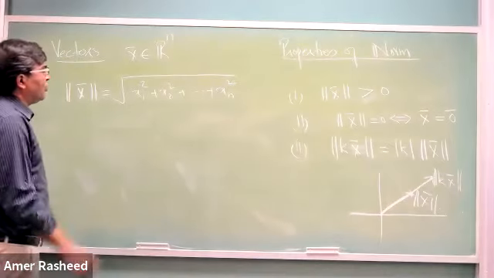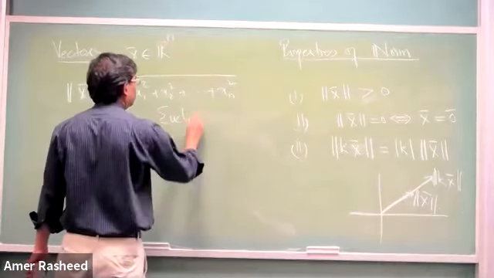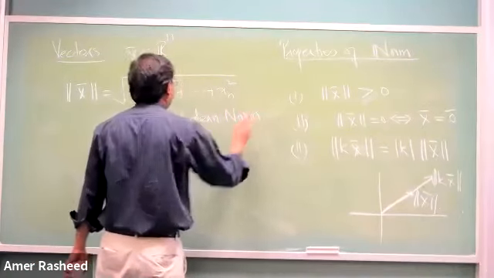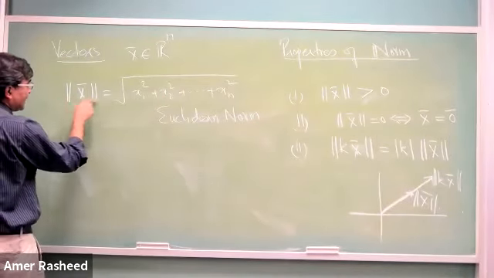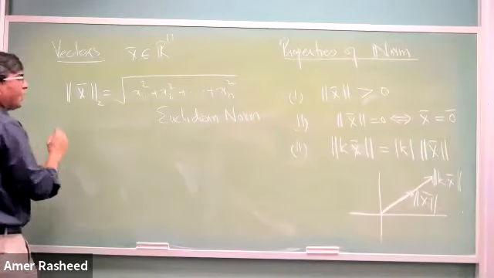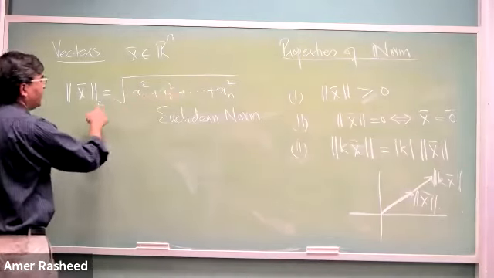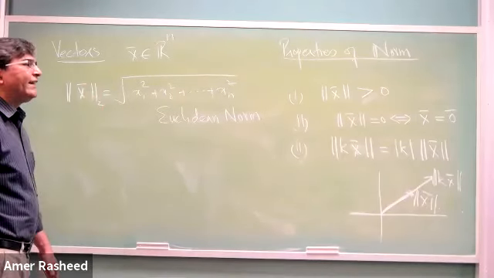This is a particular norm, and we call it the Euclidean norm. It is usually denoted as the norm of x with base 2. You have to put a 2 here to show that this is a Euclidean norm, because we take squares and we take the square root. That's why we call it the Euclidean norm.